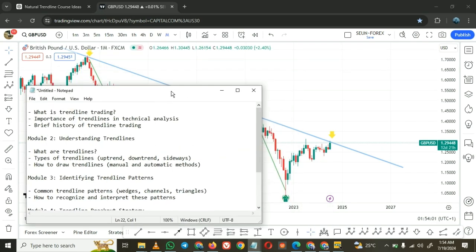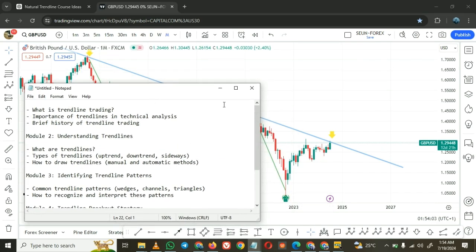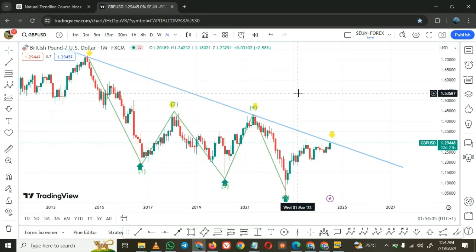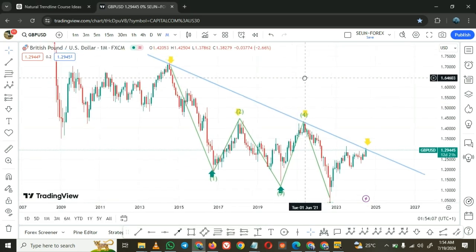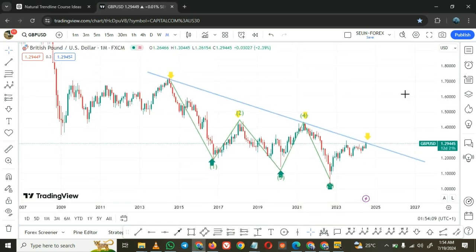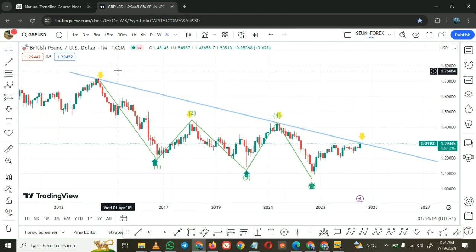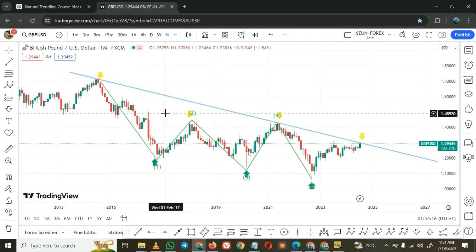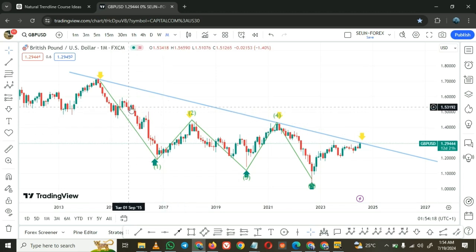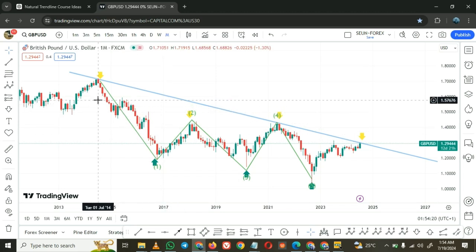And from the way I showed you in the slide, the trend line helps us to understand whether we are in a sell market or a buy market. From this basic analysis, we can boldly say that on the monthly time frame of GBP USD from 2015, the market has been selling.